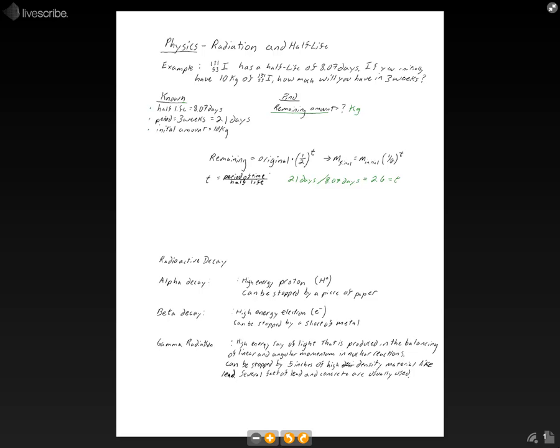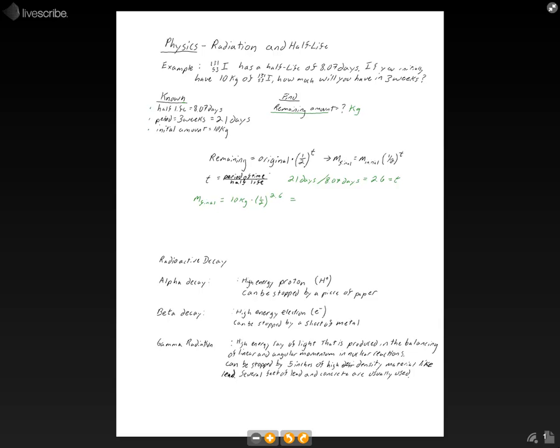So with that, we can go ahead and plug this into the equation. And so for our remaining, which we'll just call M final, or our final mass, is equal to our M initial, or our original mass, which is 10 kilograms, times 1/2 to the T, which is 2.6.